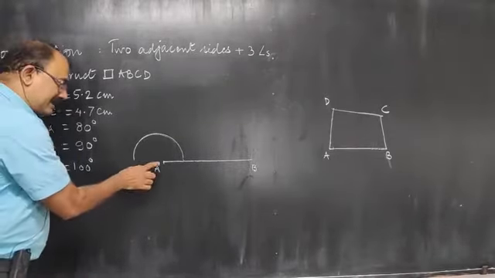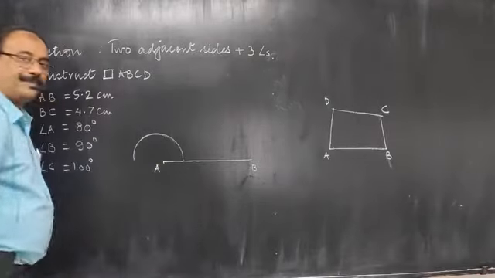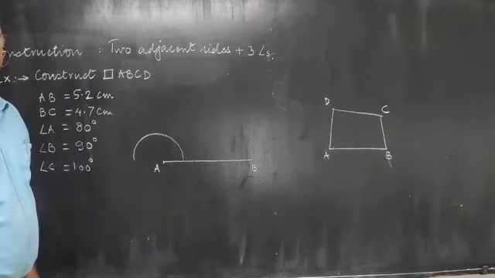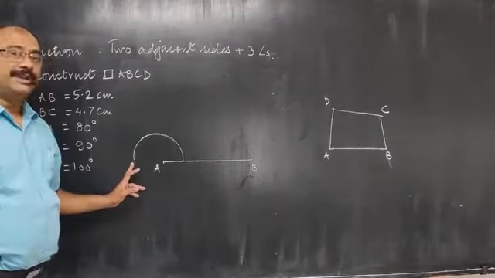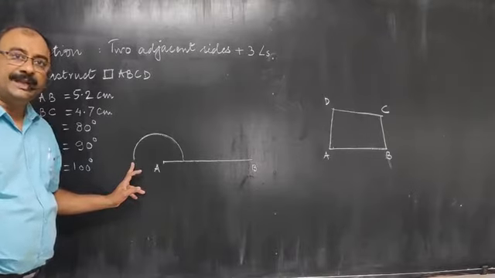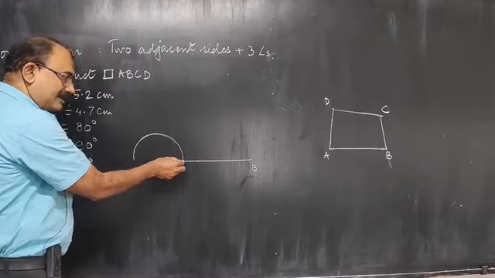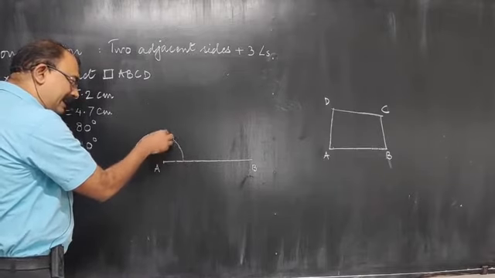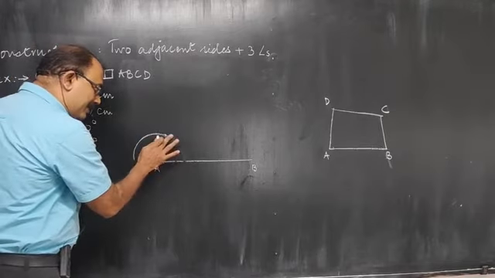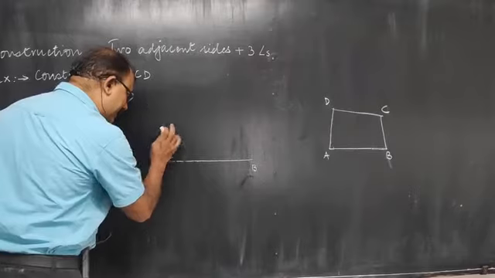Now the side of the angle is from A towards B, on the right hand side of A. This 0 is not on the side of the angle. So whichever 0 lies on the side of the angle, from there you start counting. Wherever you get 80, mark it, remove the protractor and draw an arc, an 80 degree arc.